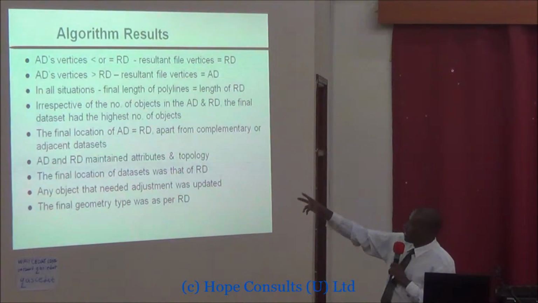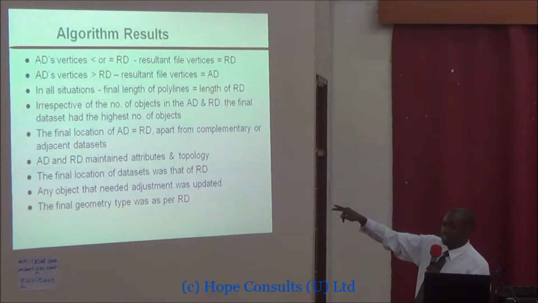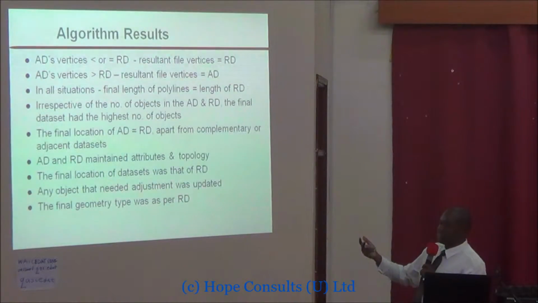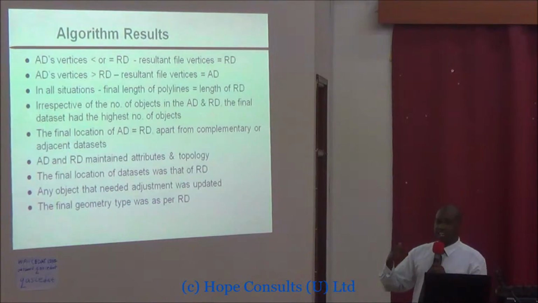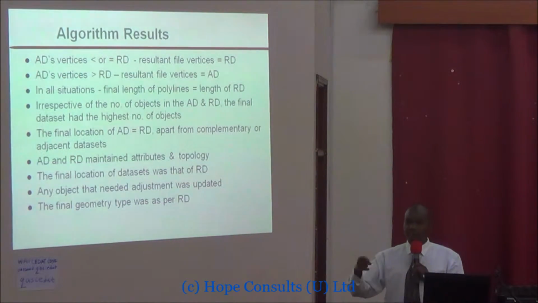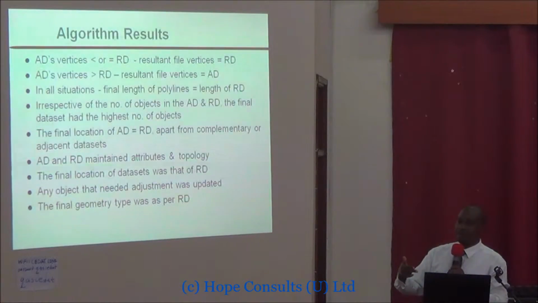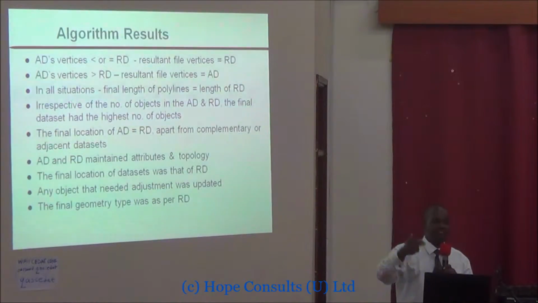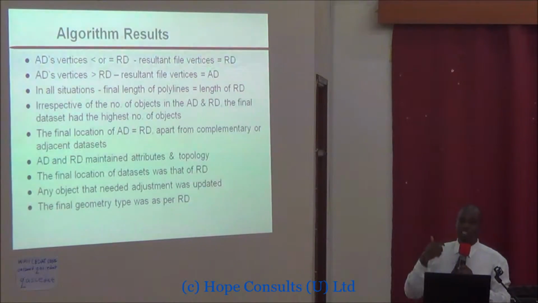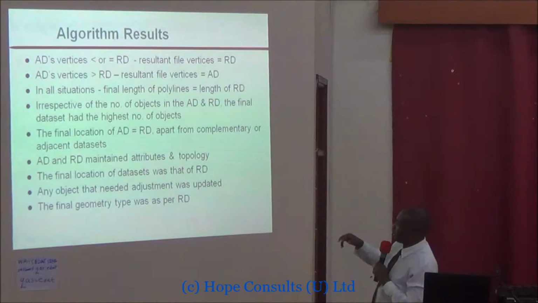And the final location of the data set moved to the right position when we applied the algorithm. One of the key things we incorporated in the algorithm, and learned when we tested, is that it maintains the attributes and the topology after running the algorithm, which is very important in analysis and in modeling.